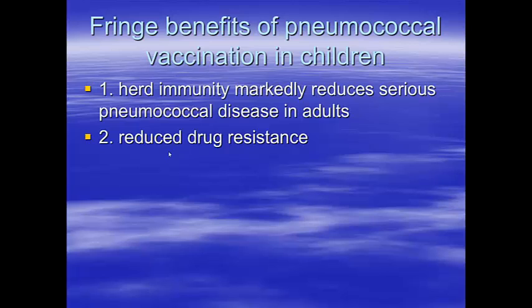Because pneumococcus causes ear infections, which are a very common reason to visit your pediatrician, there's a lot of drugs doled out that can create pressure, which allows the emergence of drug-resistant strains of pneumococcus. However, if you vaccinate and you reduce the burden of illness that way, you may also be reducing drug resistance among the invasive pneumococcal strains.